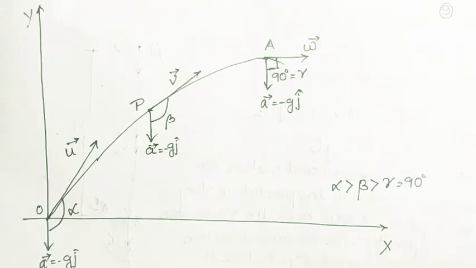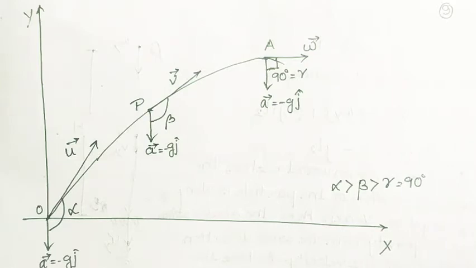Sometimes conceptual questions are asked rather than mathematical ones: when the particle's velocity is perpendicular to the acceleration, give an example. We will say the maximum height of projectile motion, where the velocity is perpendicular, 90 degrees, to the acceleration.